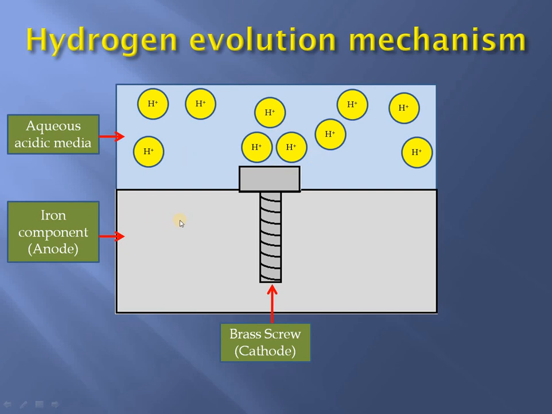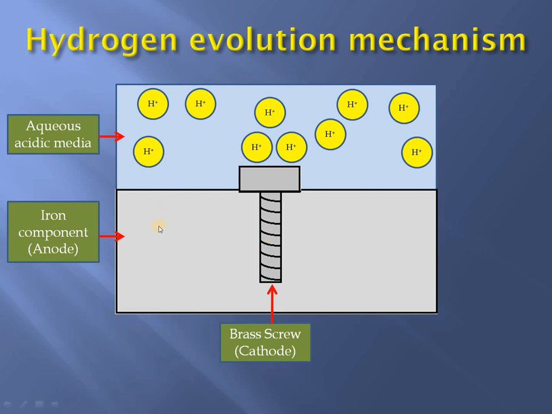Here in this case the iron component will act as an anode, while the brass component will act as a cathode.